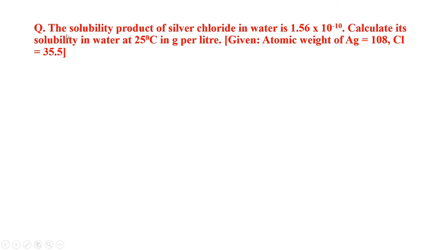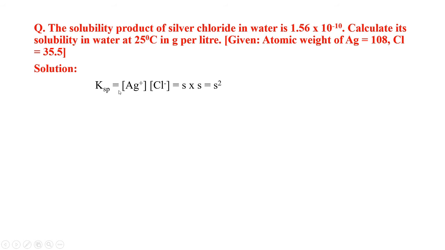So the first problem: the solubility product of silver chloride in water is 1.56 into 10 raised to power minus 10. Now we have to calculate its solubility in water at 25 degrees Celsius in gram per liter, and the atomic weights are given.